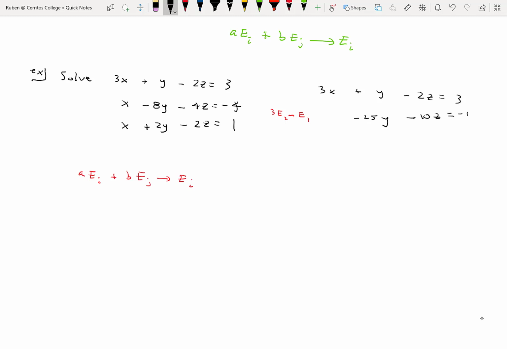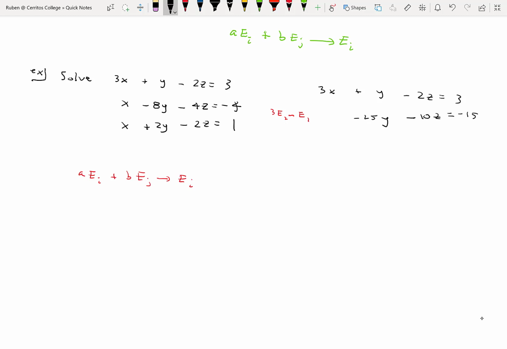And look at how painfully slow and complicated that was to get that line. This method is not necessarily designed for humans to do. It's a method that's very easily applied by a computer. A computer does this very, very quickly.